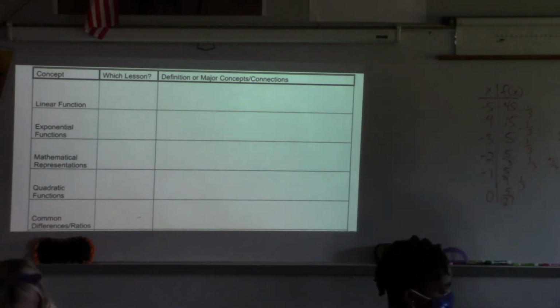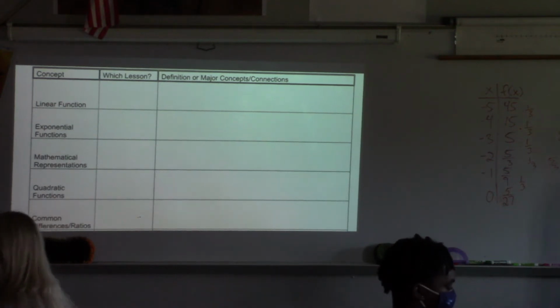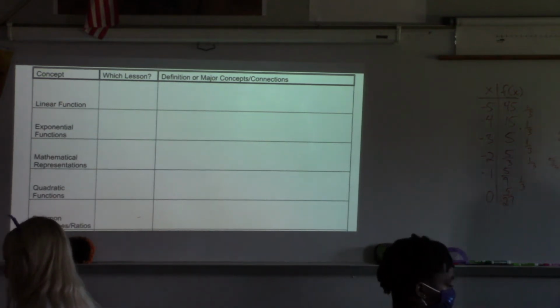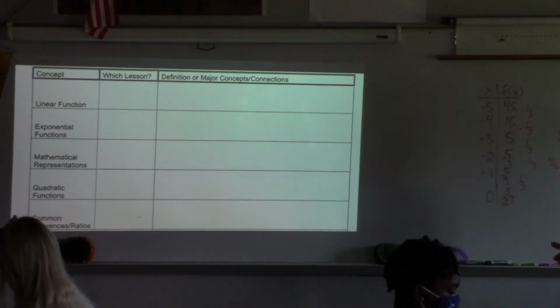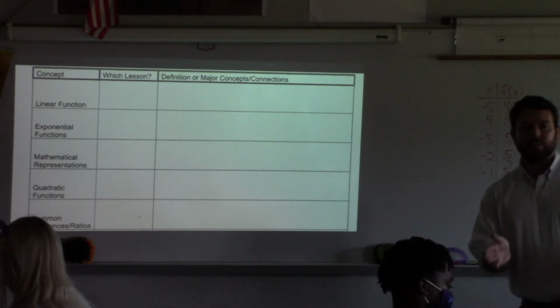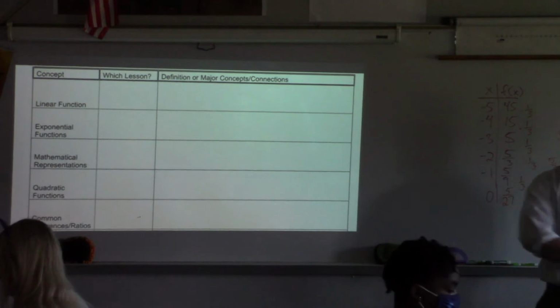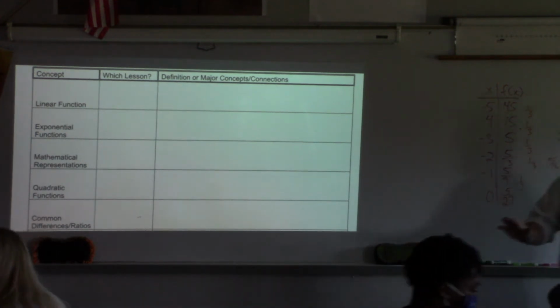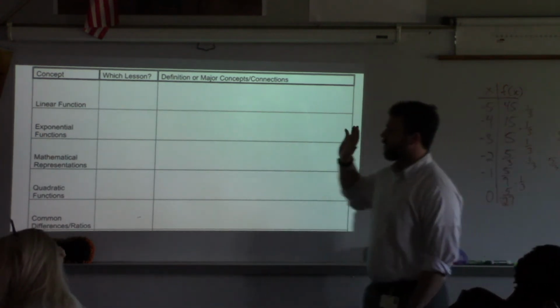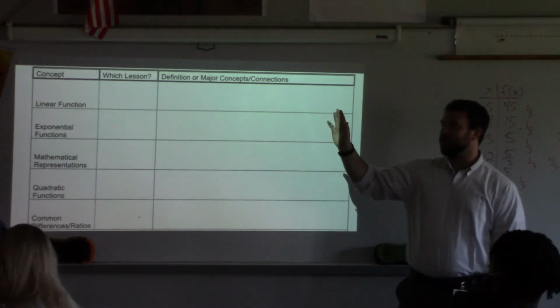And if you have all that filled out, then I would caution you, because that probably means you just Googled some stuff. The whole point of this graphic organizer is for you to look at the lessons we have done, and then reflect on what we discussed and the key ideas from those lessons. So, first off, what was the very first lesson that we covered?